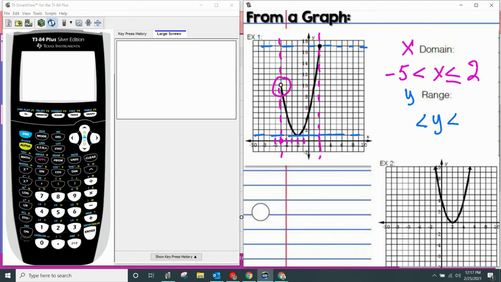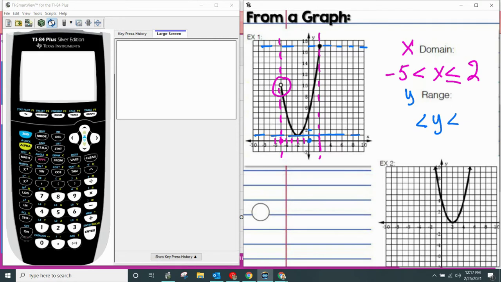Well, the lowest point I'm seeing here, well, if this is 2, this must be 1, right? Because this is the origin here. I know my graph's getting pretty messy, but I go up 1, and that's where the bottom of my graph is. That's the minimum value, right?